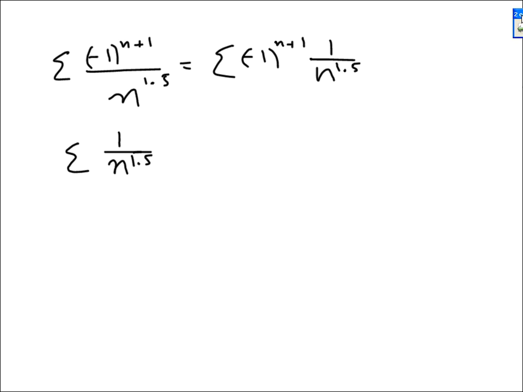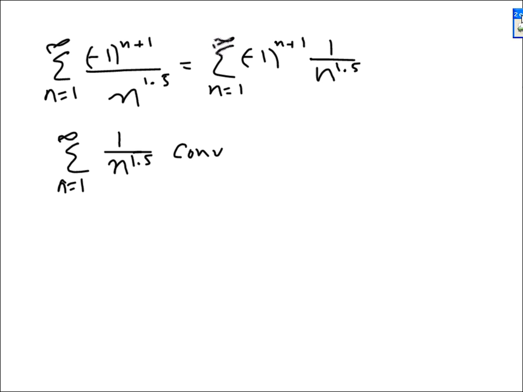That's clearly a p-series, and we're going to use the p-series test to determine if it converges. Since n goes from 1 to infinity and p is 1.5, we know that it converges because p is bigger than 1.